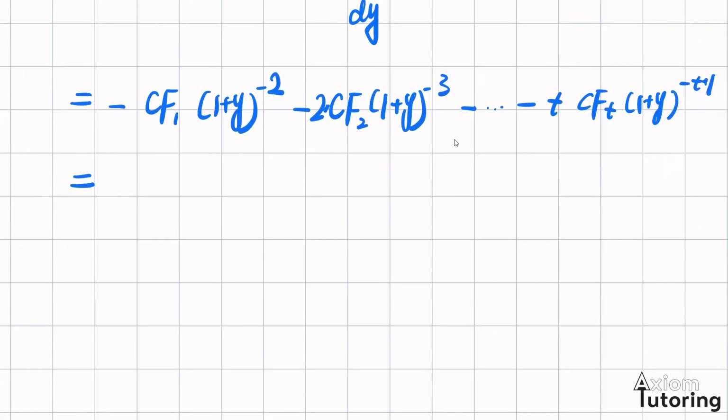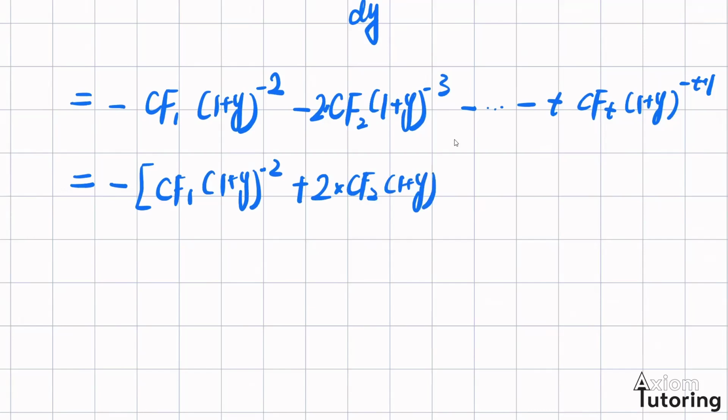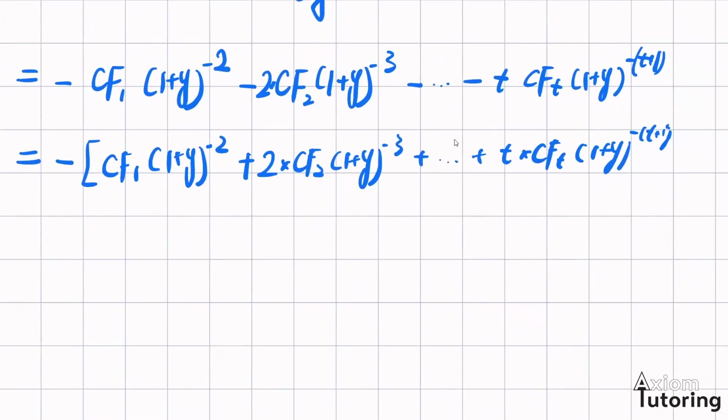So it becomes the minus of CF1 times 1 plus y to the minus 2, plus 2 times CF2 times 1 plus y to the minus 3, and all the way to the last payment, t times CFT times 1 plus y to the minus of t plus 1. If it's t plus 1, you need a bracket here, so that's t plus 1.